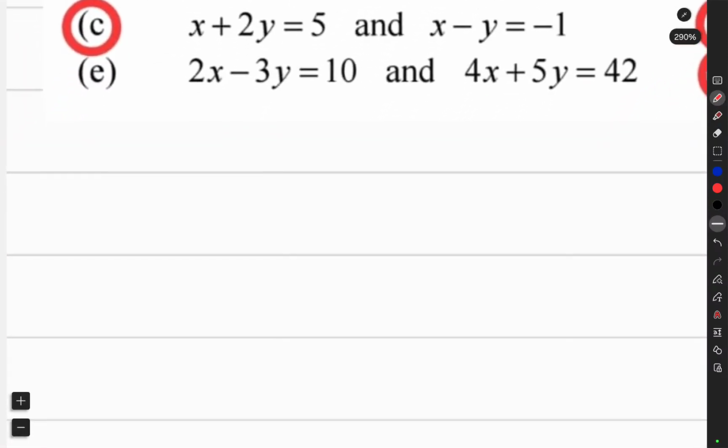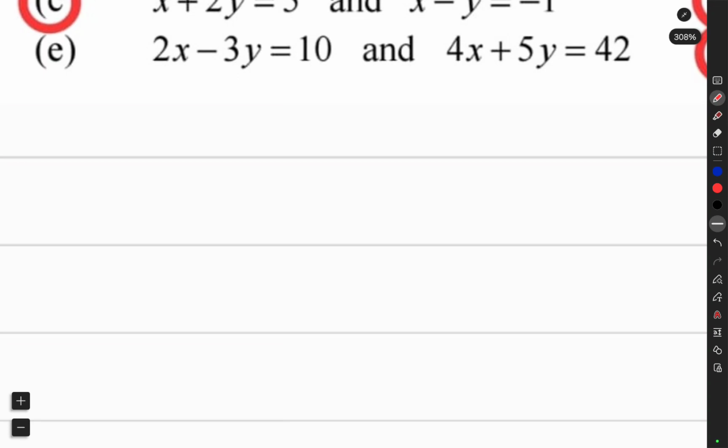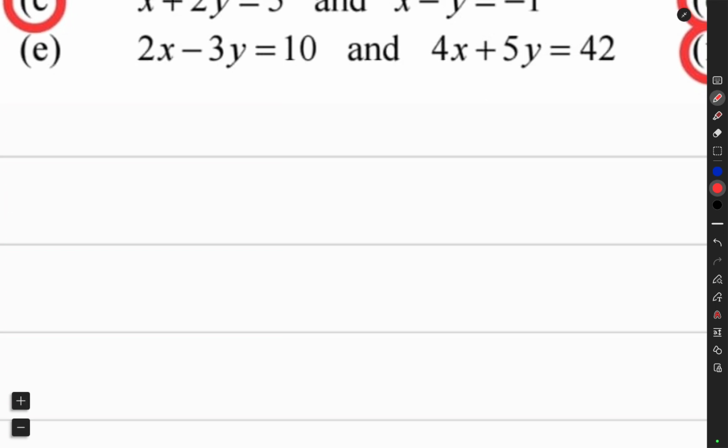Here, this is the first one. I want us to look at E. They say we need to solve for x and y using the method of elimination. The very first thing you'll notice is that the coefficients of x are not the same.